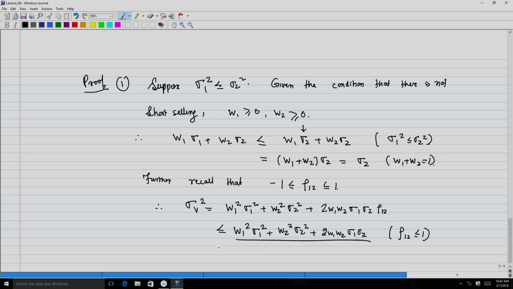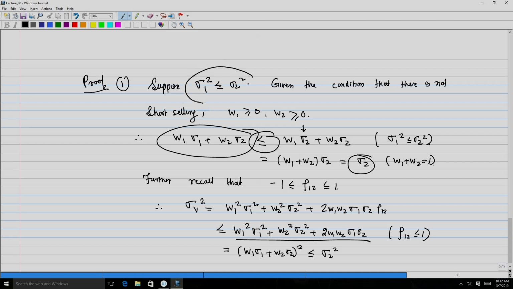Now, this expression has become a perfect square. So, I can write this as W 1 sigma 1 plus W 2 sigma 2 whole square. And here you remember W 1 sigma 1 plus W 2 sigma 2 is less than or equal to sigma 2. Therefore, I can write that this is less than or equal to sigma 2 square. Remember that I had assumed that sigma 1 square is less than or equal to sigma 2 square. So, therefore, sigma 2 square is nothing but the maximum of sigma 1 square and sigma 2 square.